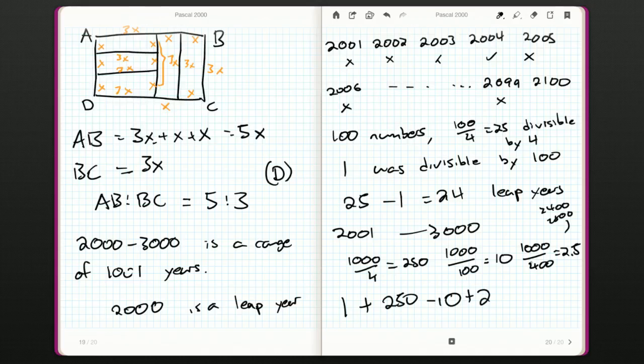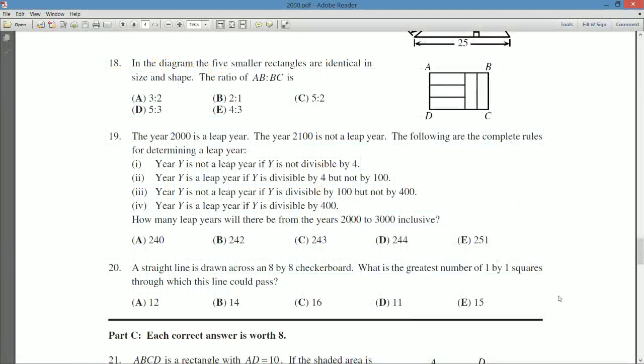And then add on 2 more that do become leap years because they're also divisible by 400. When we do that, we get 1 plus 250 plus 2 minus 10, and we get 243. So that's going to be our final answer, and hopefully that's in amongst the possibilities.